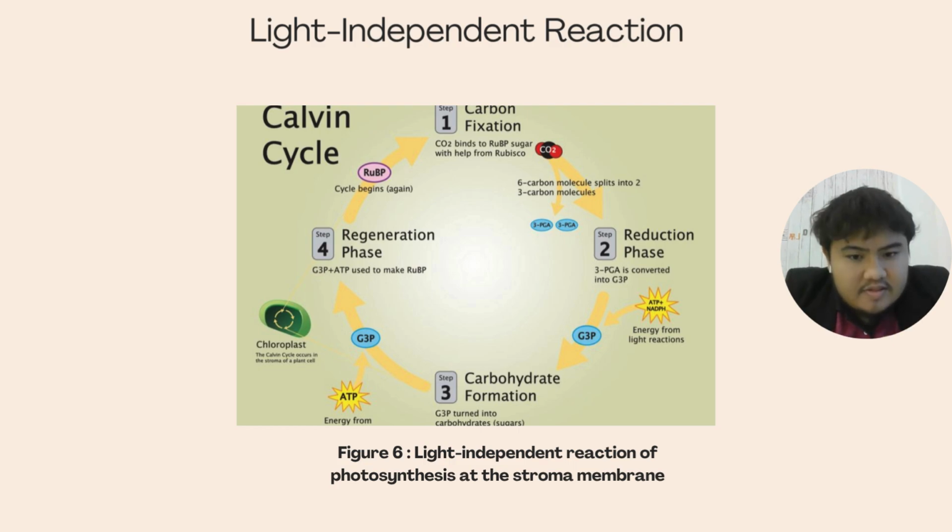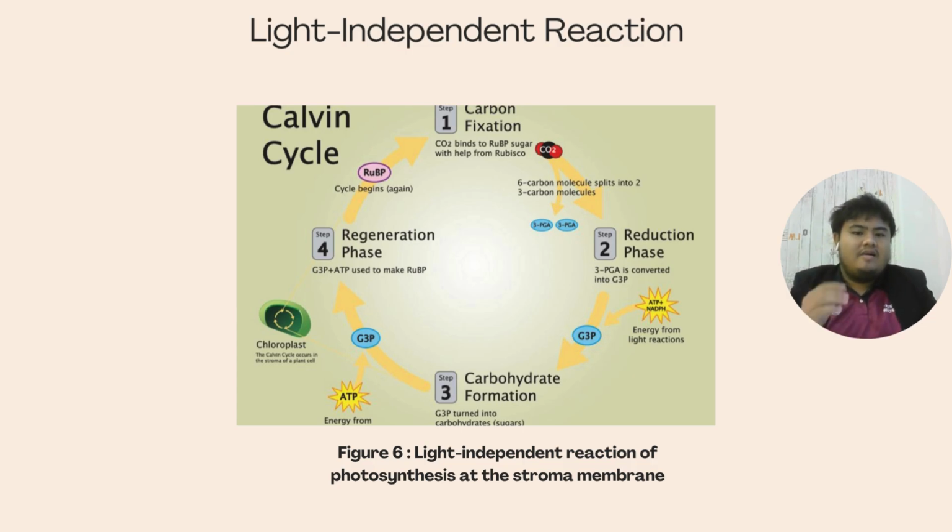Six G3P are produced, and only one can be counted as a net gain. The other five are used to regenerate the 3 molecules of RuBP. RuBP is thus regenerated to continue the cycle, which is how the Calvin cycle works.